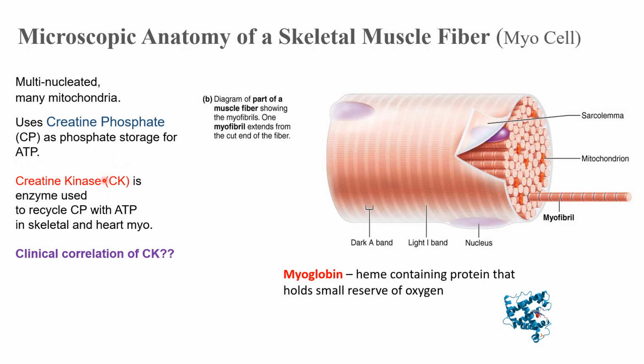It is creatine kinase. And creatine kinase can remove phosphate from creatine phosphate and transfer it onto ADP to make it ATP. Or when you are resting, creatine kinase will take the phosphate off ATP and transfer it to creatine to make creatine phosphate.